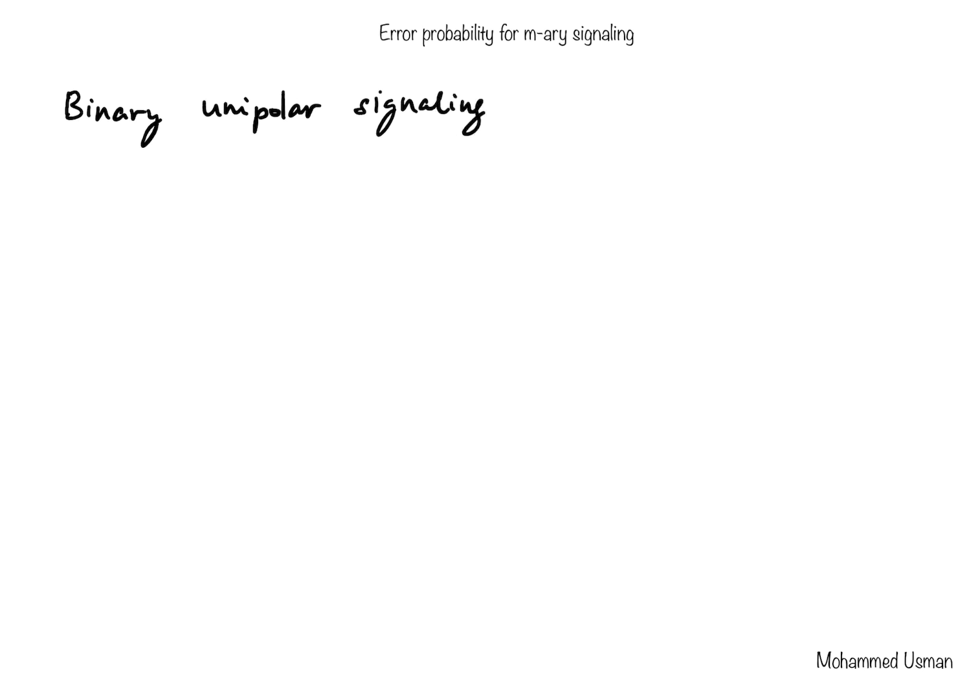we got the average probability of error, PE, as the Q function of A by 2 sigma, where A is the voltage level separation between the voltage level used to represent a 0 and a 1.